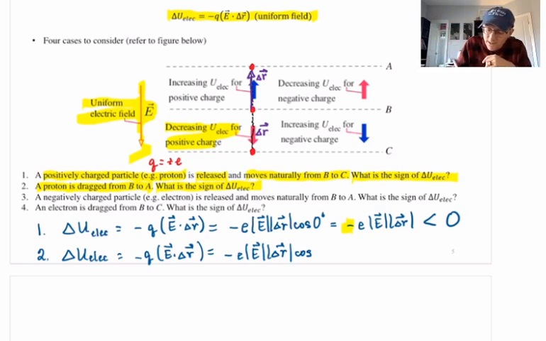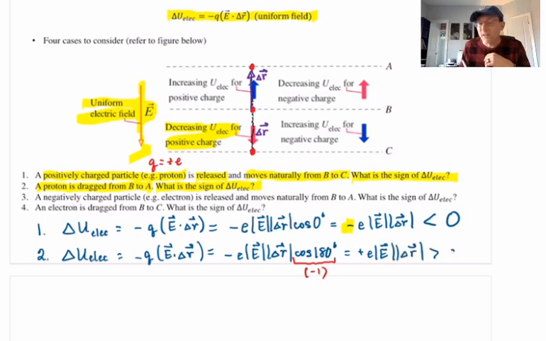So the angle cosine that I have to use is 180 degrees. Remember, the cosine of 180 degrees is negative 1. So altogether, this turns out to be plus little e, magnitude big E, magnitude delta R, which is clearly positive. The electric potential energy has increased when I drag the proton from B to A.